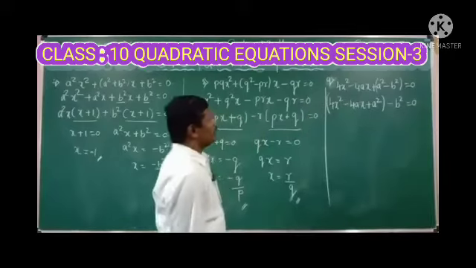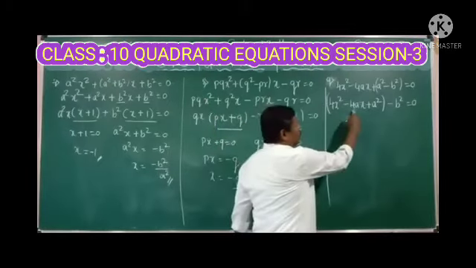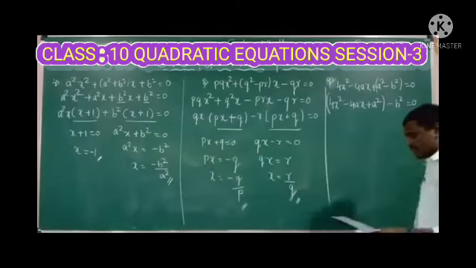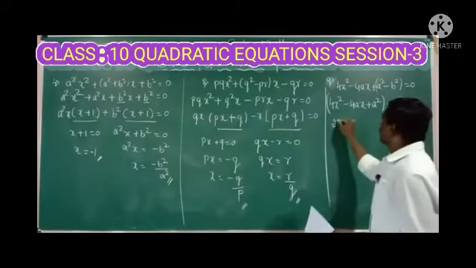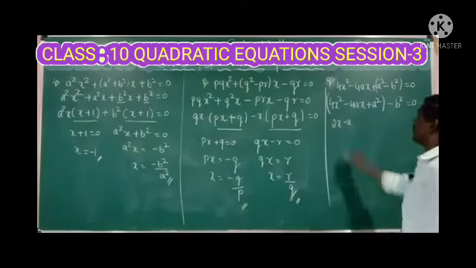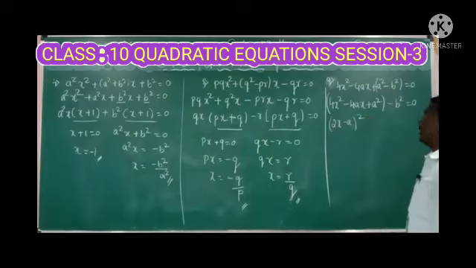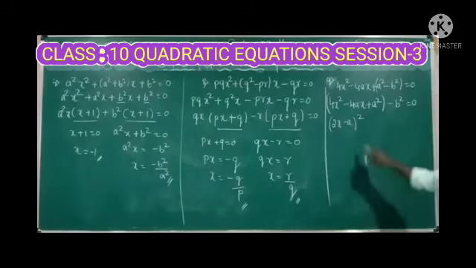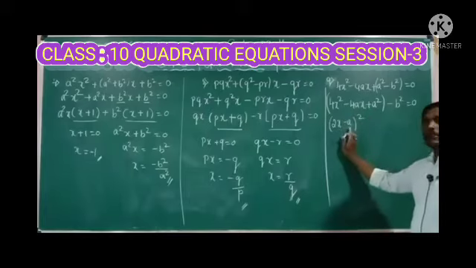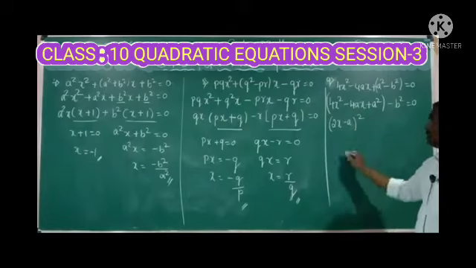Okay, here 4x square minus 4ax plus a square, it is nothing but 2x minus a whole square. It is the expanded form of 2x minus a whole square.